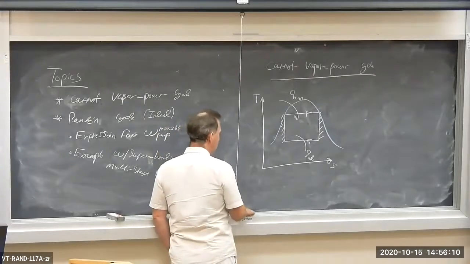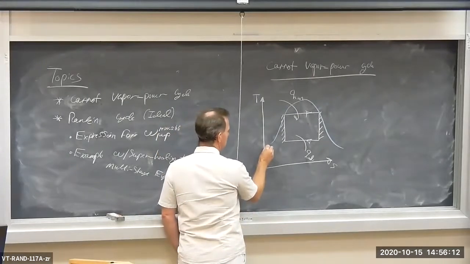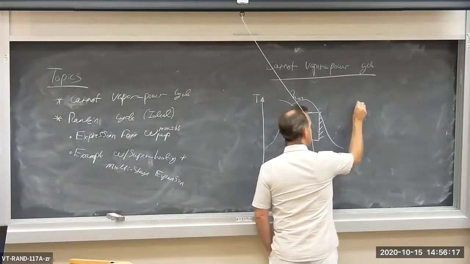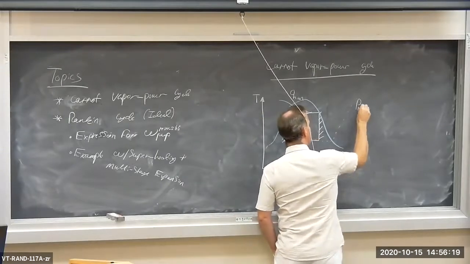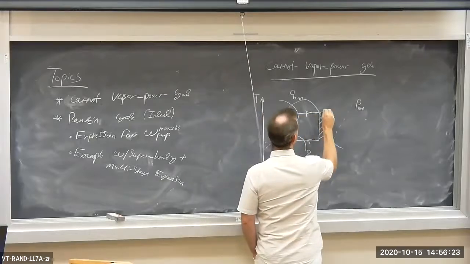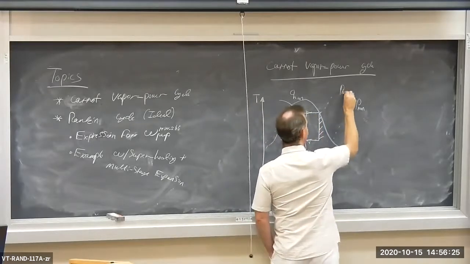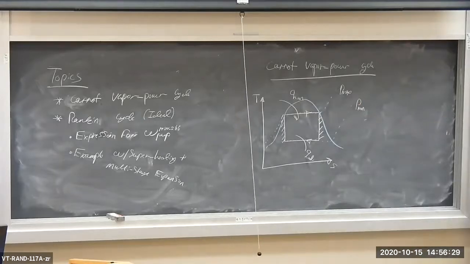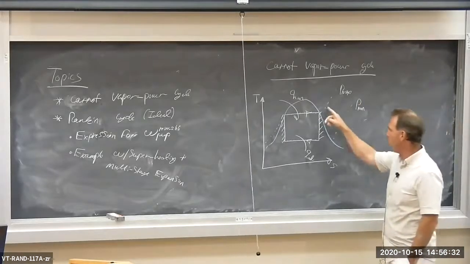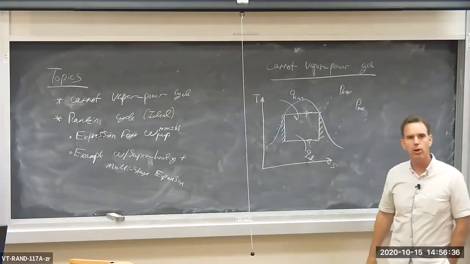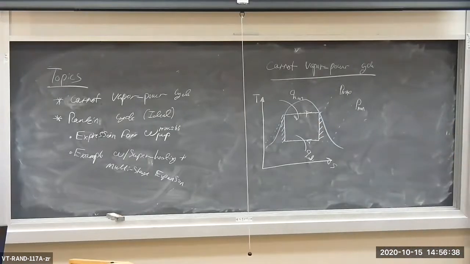So there are some isobars that go through here. So here's our P-min isobar. And here is our P-max isobar. And so provided the heat addition and rejection occur at constant pressures, P-min and P-max, they will necessarily occur at constant temperature so long as we're inside the saturation dome.